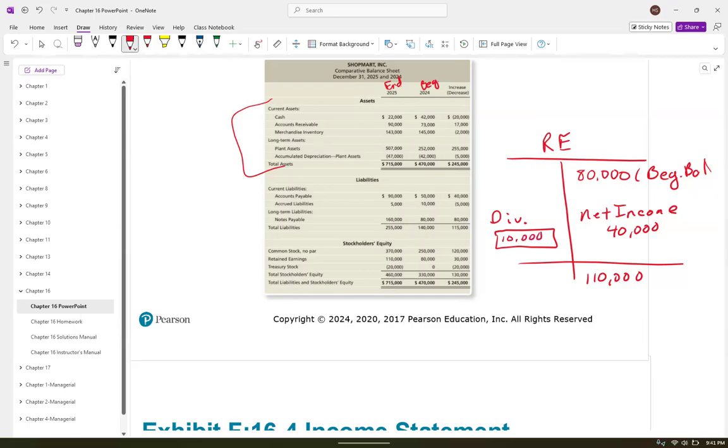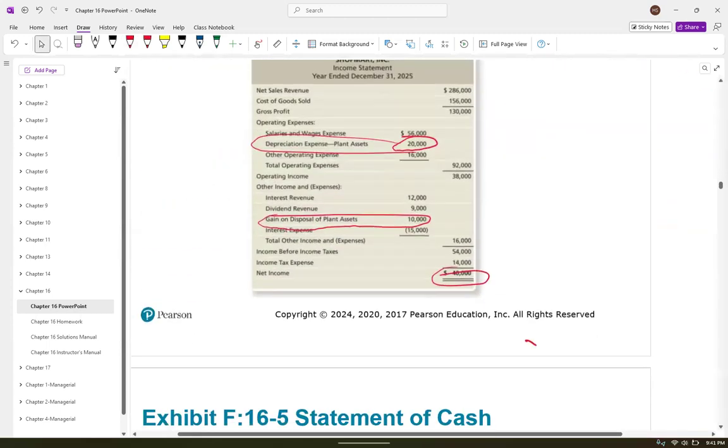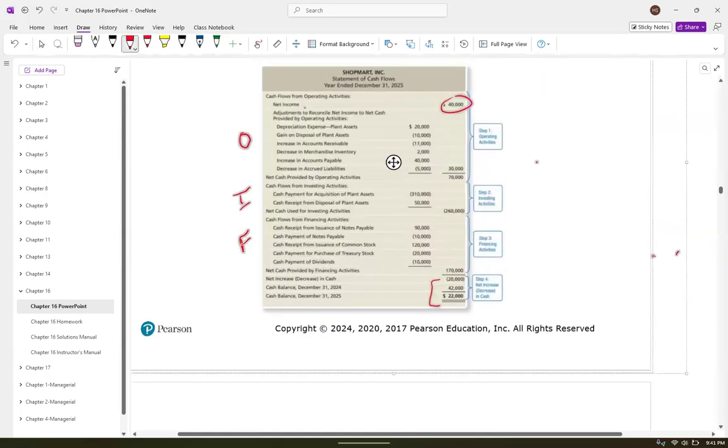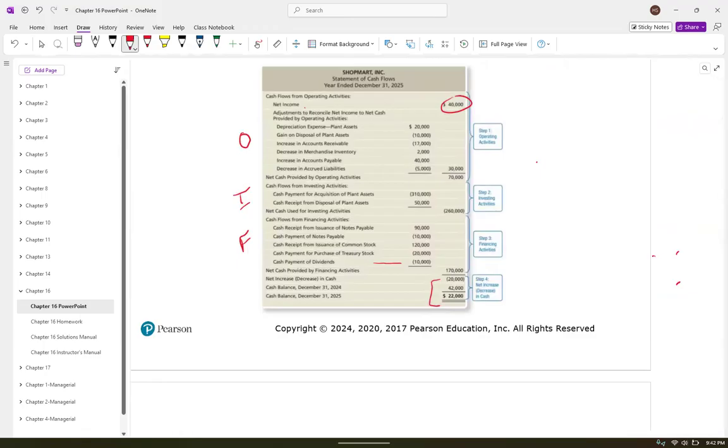Okay. We're not looking at the difference in these two balances. We're taking this net income because that has to do with operating. Okay. It's already in that part of the statement of cash flows. Dividends relate to common stock, and paying dividends is a financing activity. So you'll see right there the cash payment of dividends is 10,000.